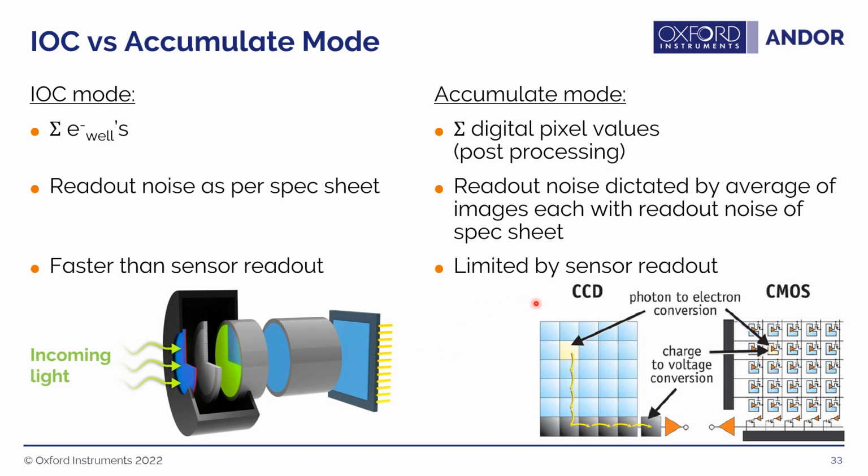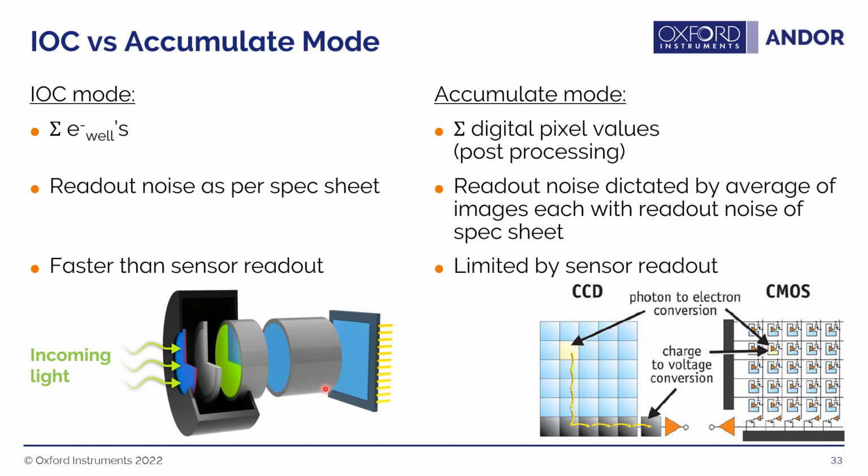Whereas the accumulate mode is limited by the readout rate of the sensor. So this is a slower overall process, but whenever you can get away with it, you do want to use accumulate mode, because in integrate on chip your sensor exposure is left on for all of the time in between when the gate is pulsing, and so it's accumulating dark noise.